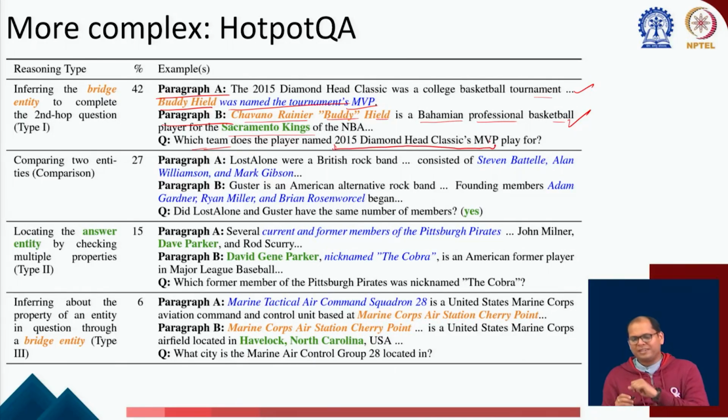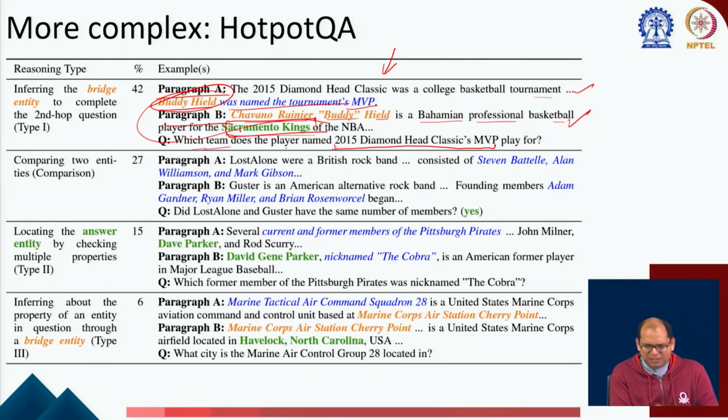First of all you have to find out who the player named 2015 Diamond Head Classic's MVP is, that you get from the first paragraph. This you retrieve here, and then what is the team that person plays for, and this you find here, right. In the green you have the team. So that should be your answer, right. So you are getting information from 2 different paragraphs, combining it and answering your question.